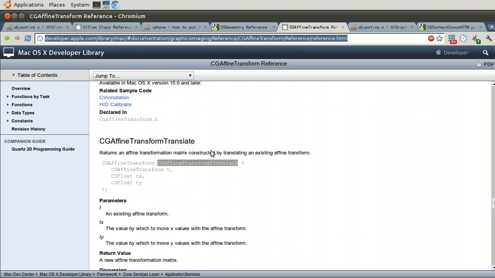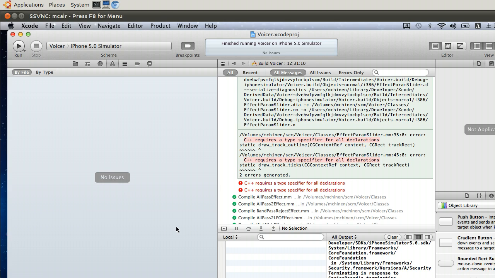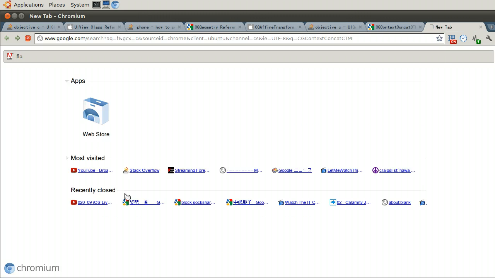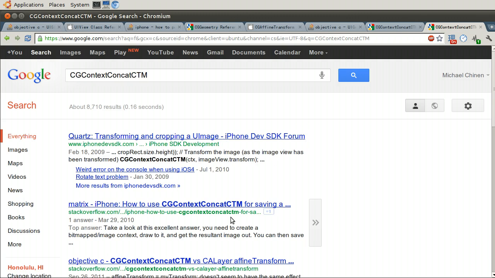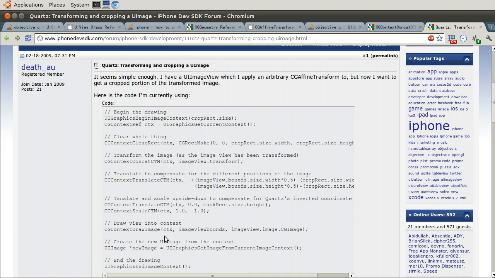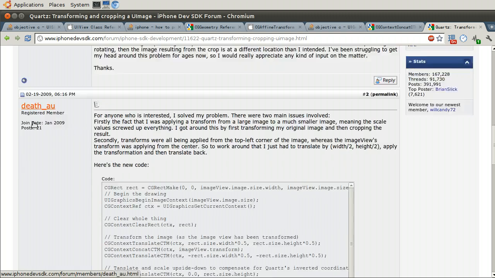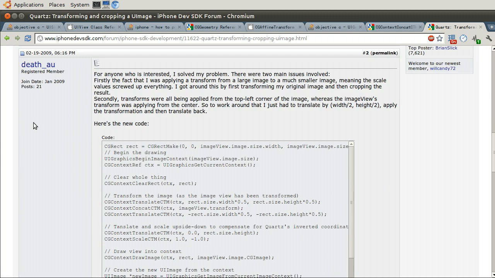Okay, you know what? We should just be looking at this call, wherever it is in the library. Presumably there would be push and pop stuff. Begin image context, translate, scale. Yeah, they're not doing any pushing and popping.